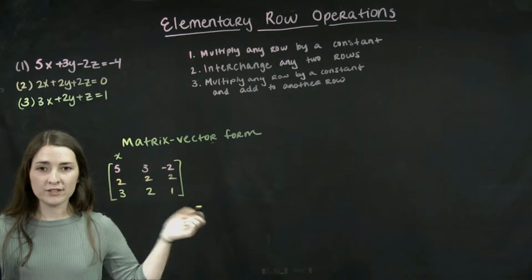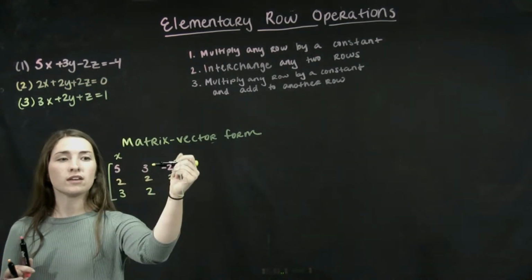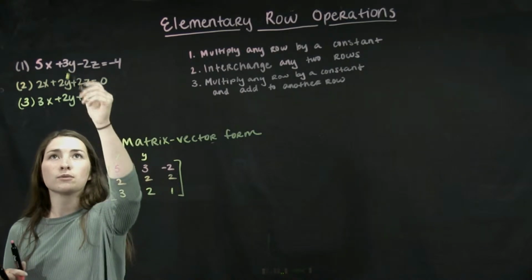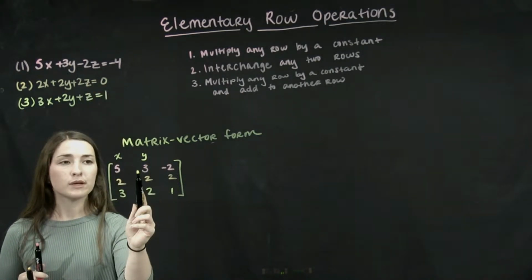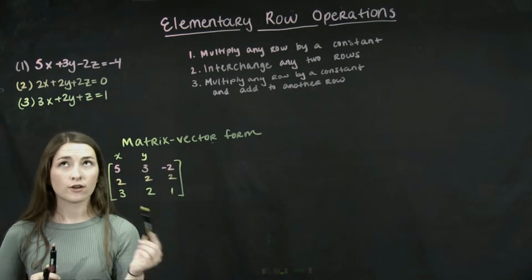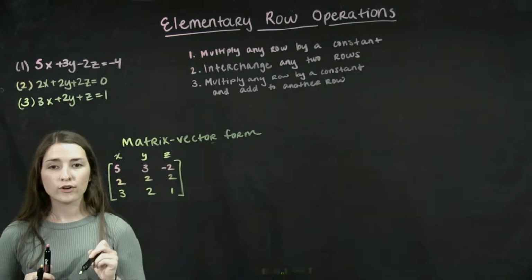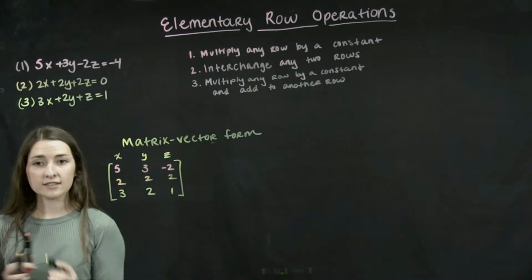Oh no, my whole matrix is messed up. This way we can just quickly, easily be like, okay, so then all of our y's are 3, 2, 2. So we have 3 y's in our first equation, 2 y's in our second equation, and 2 y's in our third equation. So then lastly, as you can probably expect, our third column represents all of the z's.